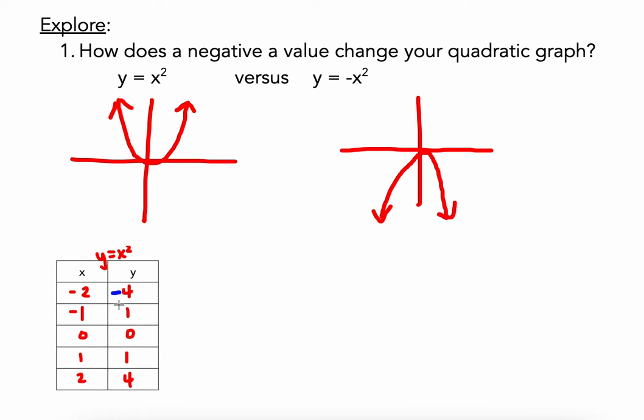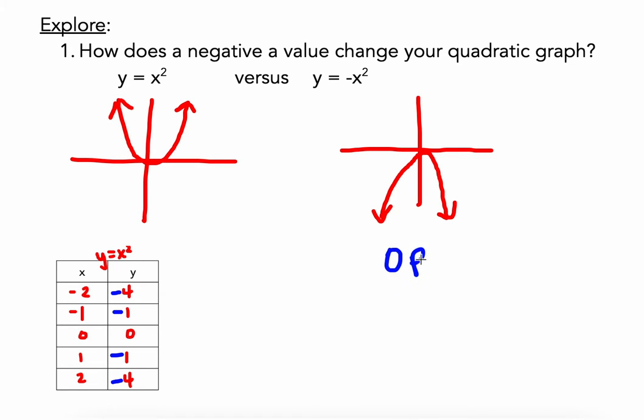So these values just become negative. And that's why your graph ends up being flipped, because now instead of being up here in quadrants 1 and 2 with all positive values for y, they're all going to be negative. So that's why everything is flipped over.